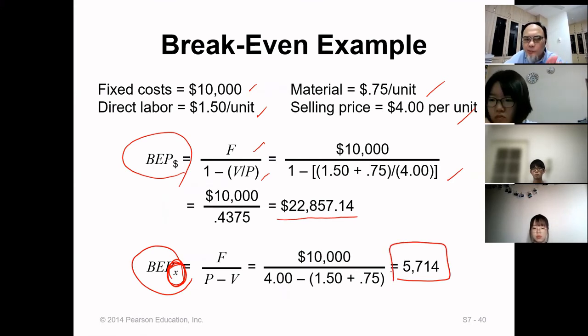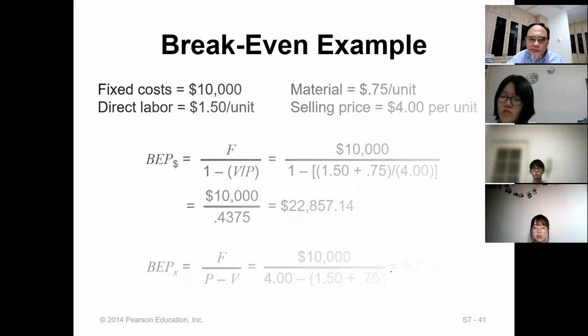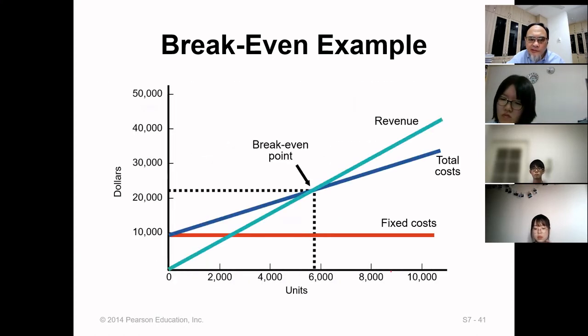So anything that you produce before 5,700 is a loss. Anything that you produce beyond 5,700 is going to be profit. So that's why you need to understand that, and you plot this. This is 5,714, and this is 22,000.